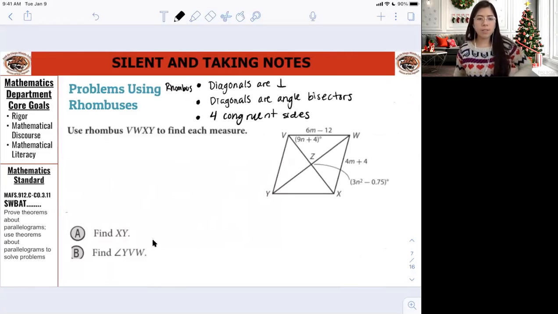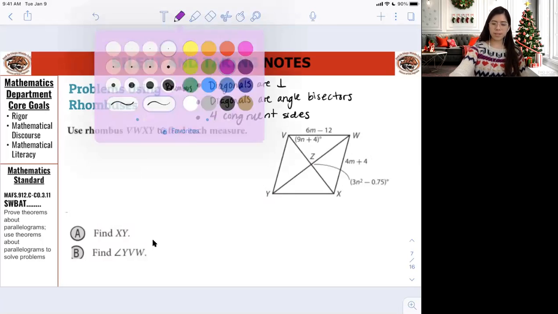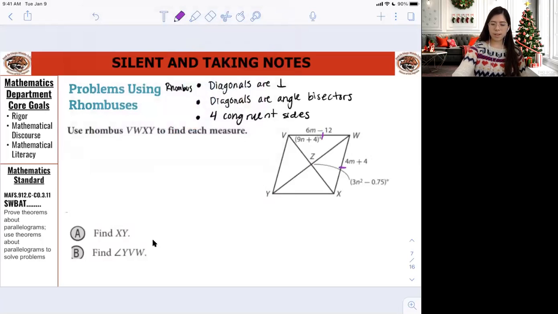So we're trying to figure out the measure of xy. What do I know about the side lengths of a rhombus? They are congruent to each other. Exactly. All 4 sides have to be congruent. So VW, XY, WX, VY, they're all congruent. So is there an equation that I can set up? Because I'm trying to find the measure of xy.